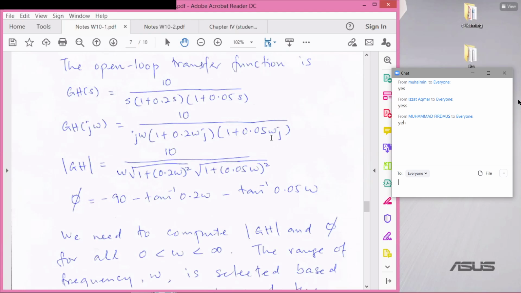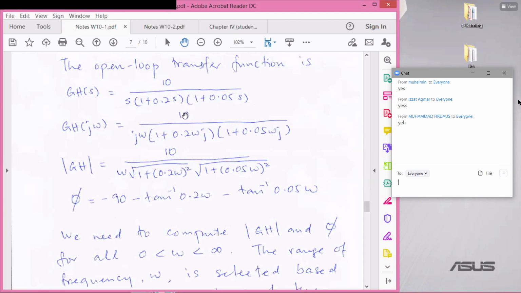For the third factor in the denominator, the magnitude is the square root of the real part squared plus the imaginary part squared. So this is your expression for the magnitude of this open loop transfer function.